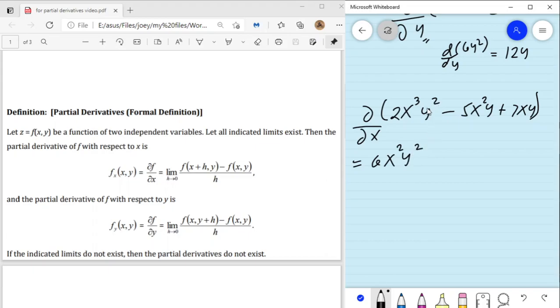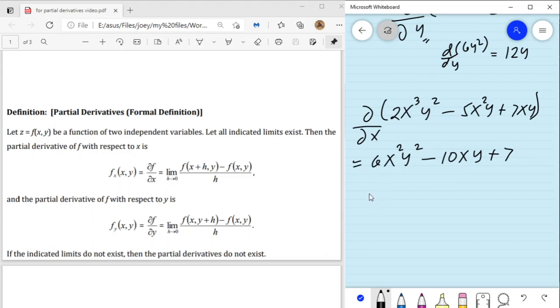Again, that is since y squared was held constant, the same as 2 in this term. Then minus, again we derive this with respect to x, y will be held constant, so we'll just have 10xy. And then here, y will be held constant, the same as we treat 7, so the derivative will just be 7.